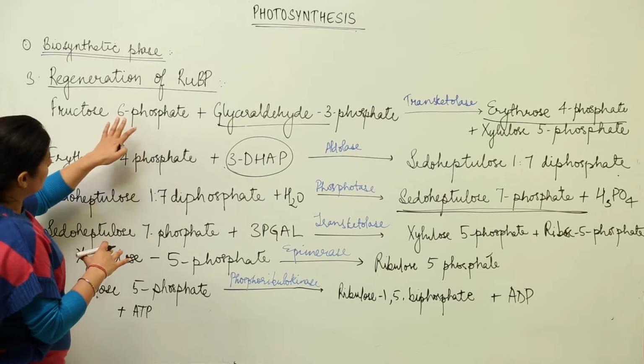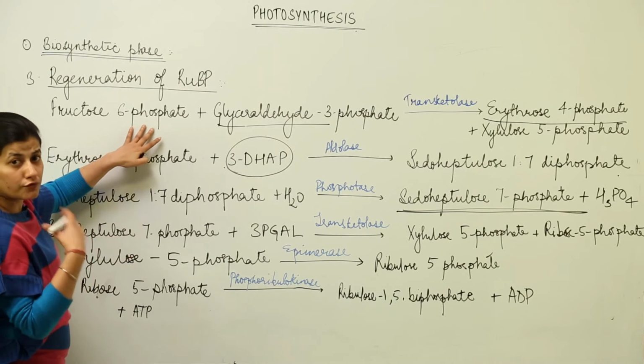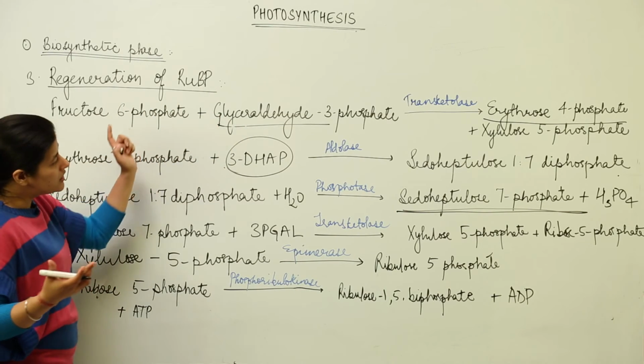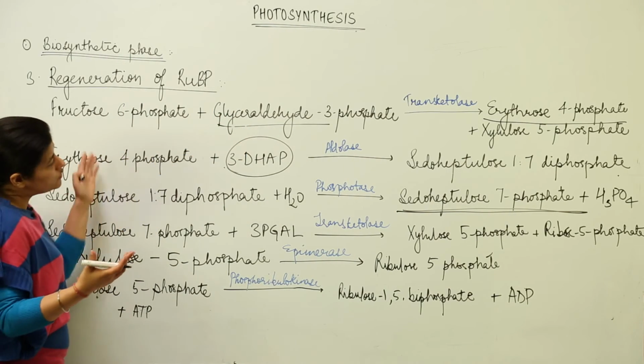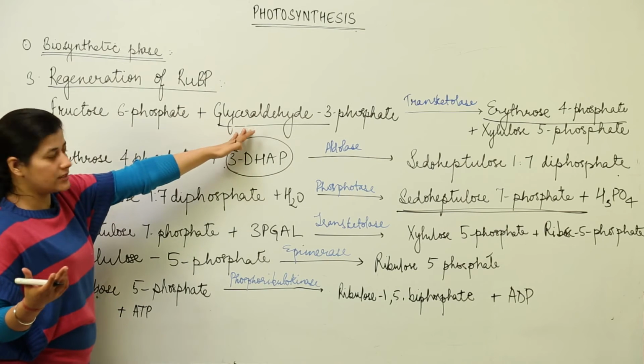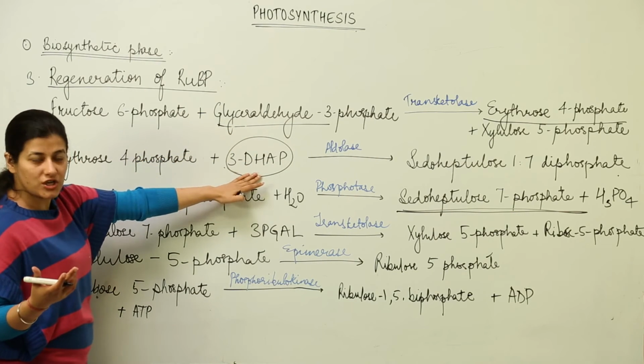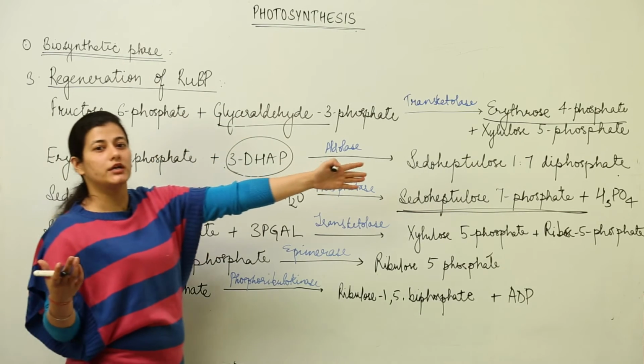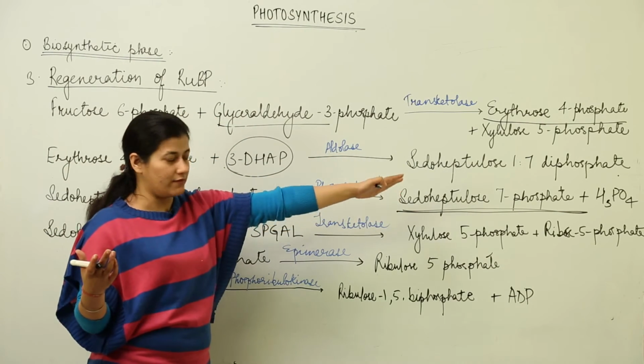Just keep in mind that fructose 6-phosphate, which was to form the glucose, combines with glyceraldehyde 3-phosphate. The outcome of this reaction combines with another isomer of this glyceraldehyde 3-phosphate, that is DHAP. The outcome of this particular reaction combines with water and forms pseudoheptulose 7-phosphate.